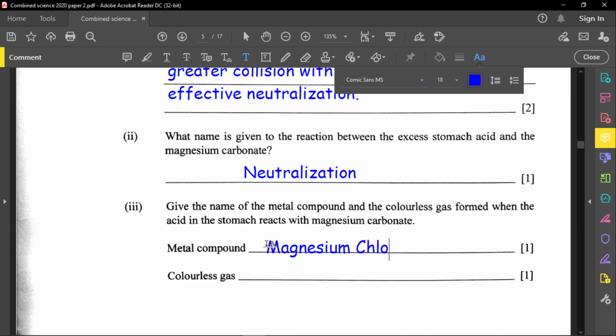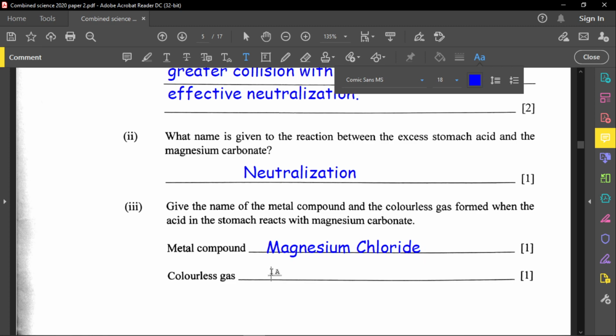All right. And simply because if you do the chemical equation, you'll realize that it will be a double replacement reaction. So the magnesium will react with the chloride from the acid, right? And you'll break down into carbon dioxide and water. Okay, so that will be again a neutralization reaction by changing around the metal and non-metals.